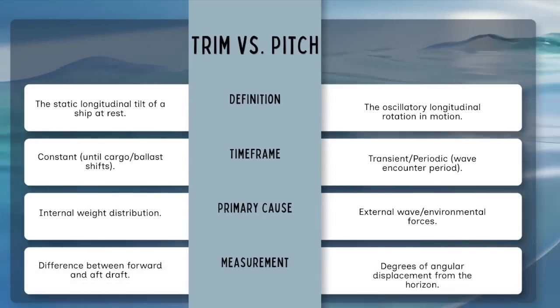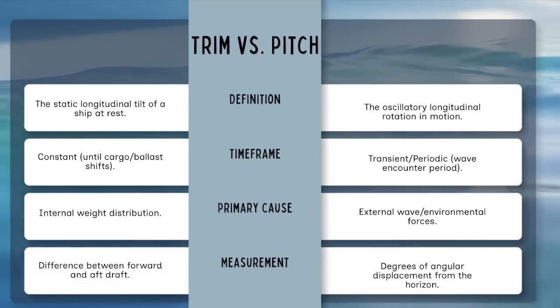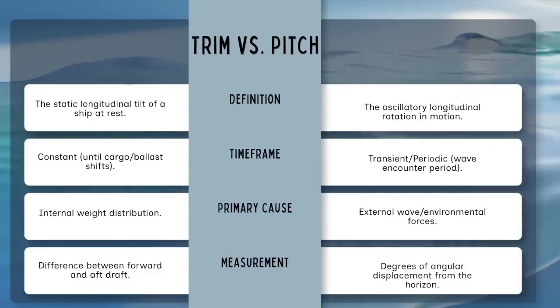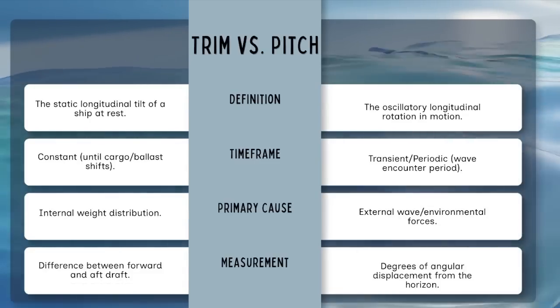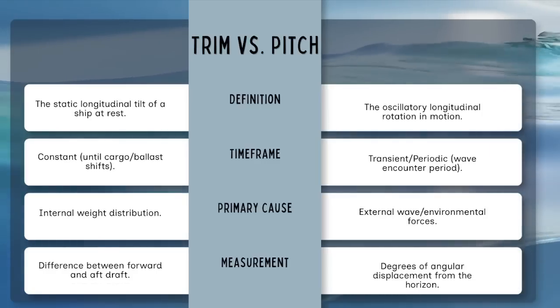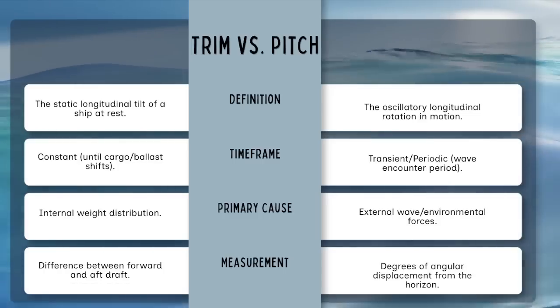You can see here the difference between trim and pitch. The trim is the static longitudinal tilt of the ship at rest, while the pitch is the oscillatory longitudinal rotation in motion.